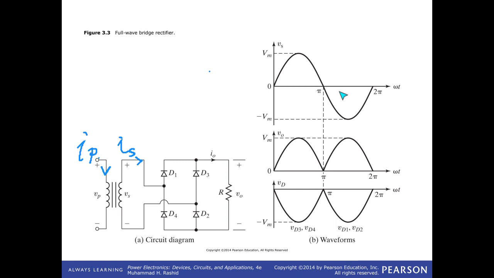So during those 10 milliseconds, the diode D1 gets a positive biased voltage. Anode cathode voltage is positive. And in the meantime, diode D2 is connected to the negative part of the voltage. Then this one also receives negative, cathode receives a negative voltage. That means anode cathode voltage is also positive. D1 and D2 are conducting.